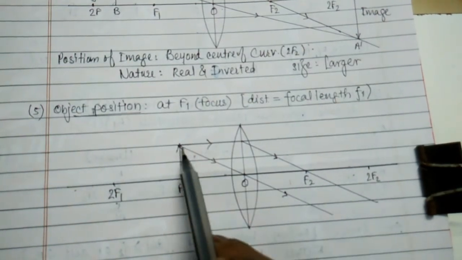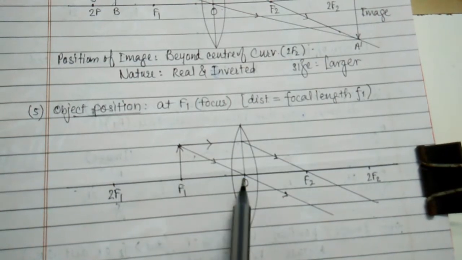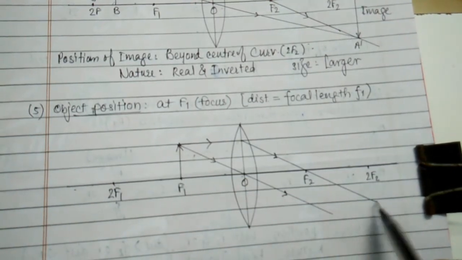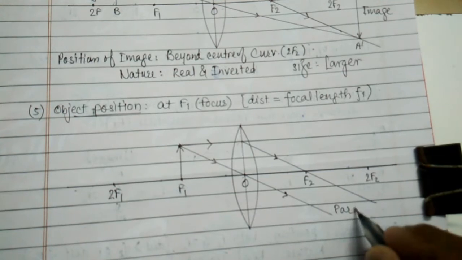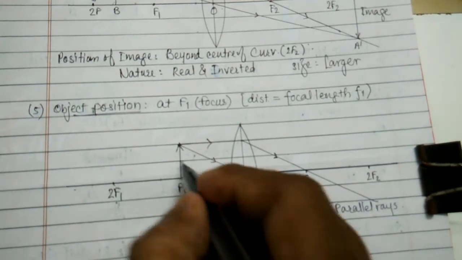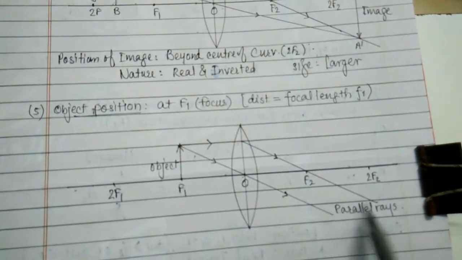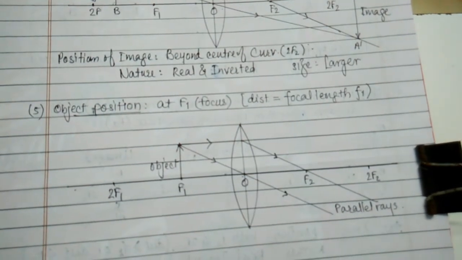The first rule is parallel to the principal axis and passes through the focus. The third rule is the ray through O. So both rays are parallel rays. This is the object. So these rays give the image at an infinite distance, just like the sun.